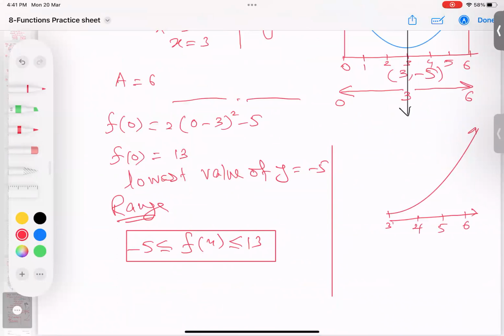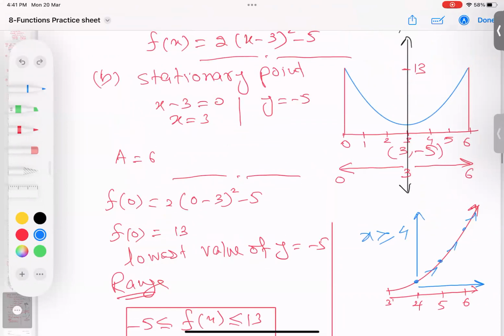If you are going along the graph, but he said that the x value is bigger than or equal to 4, so the graph is starting from x equals 4, then 5, then 6. So the graph is going this way, and because the graph starts this way, the y range will start from here onwards. If the x value starts from 4 onwards, we have only one y.